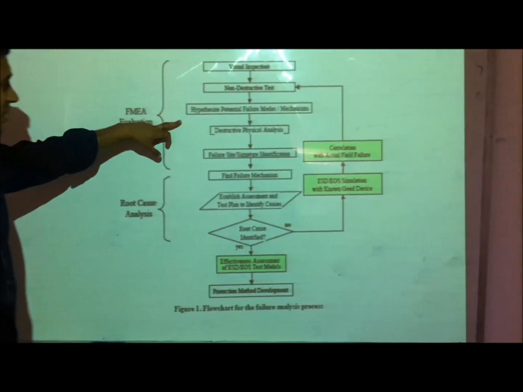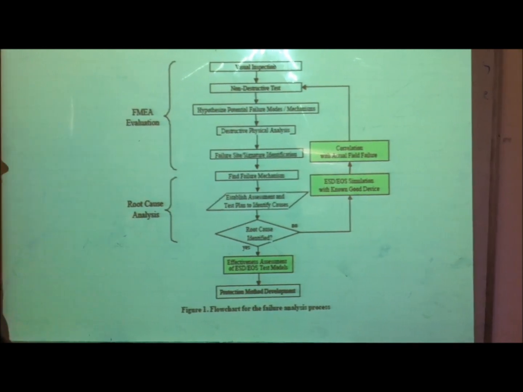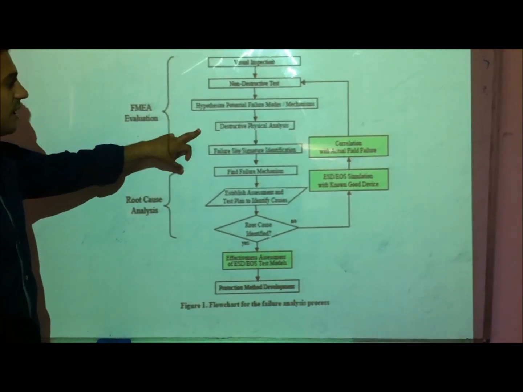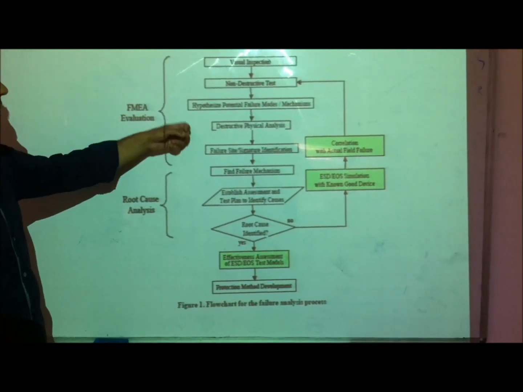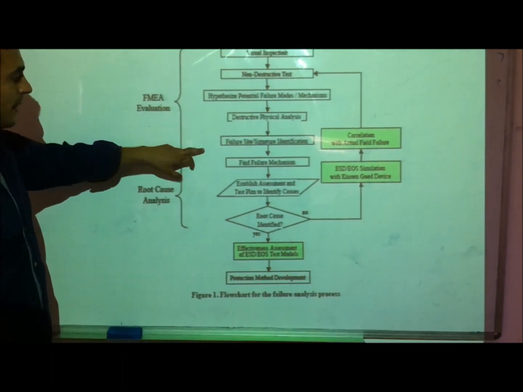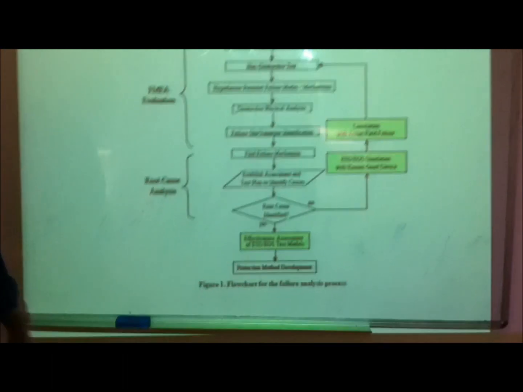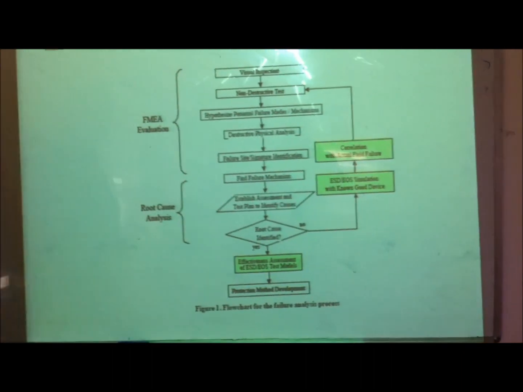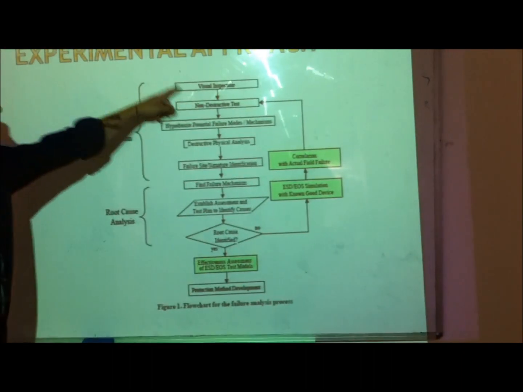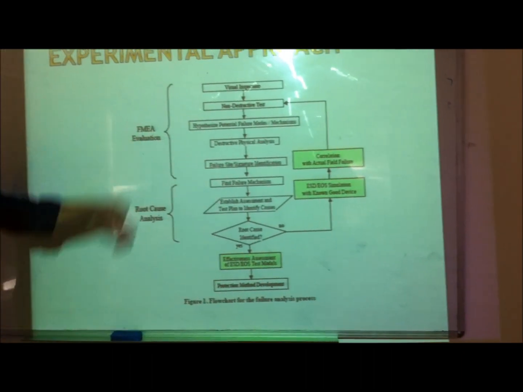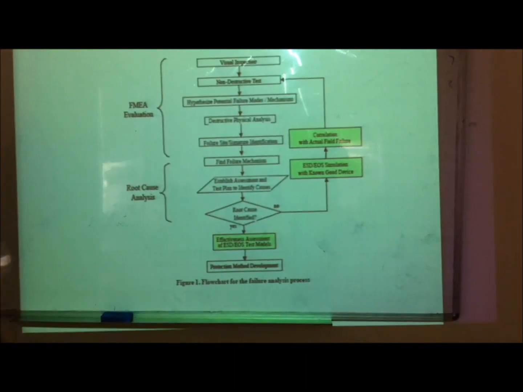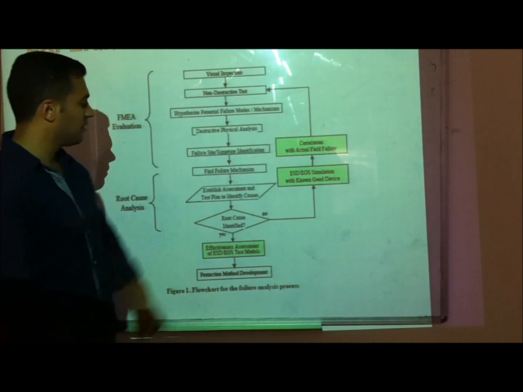Then we hypothesize potential failure modes and mechanisms, then the destructive physical analysis, then failure site signature, then find the failure mechanism. The whole procedure here is called FMEA evaluation. After that, we establish an assessment and test plan and identify causes.